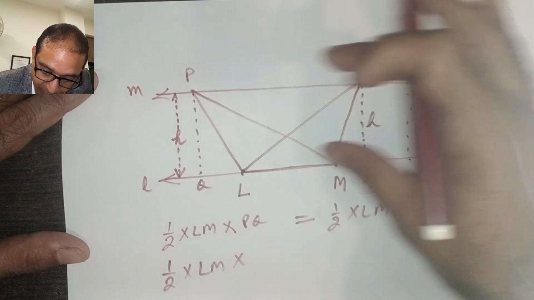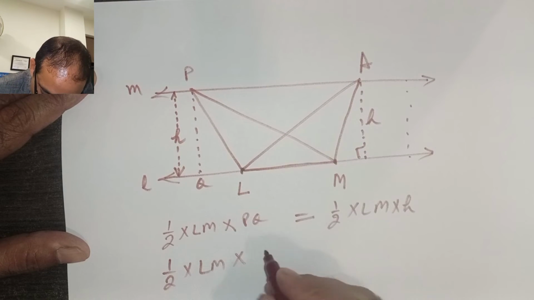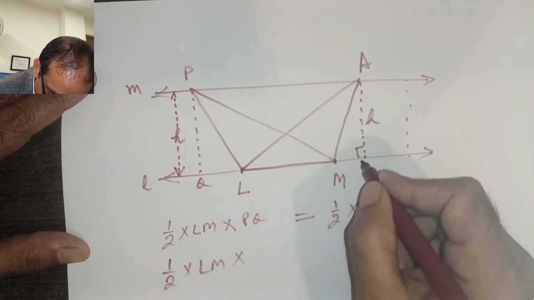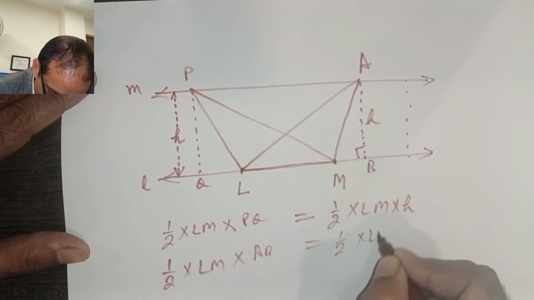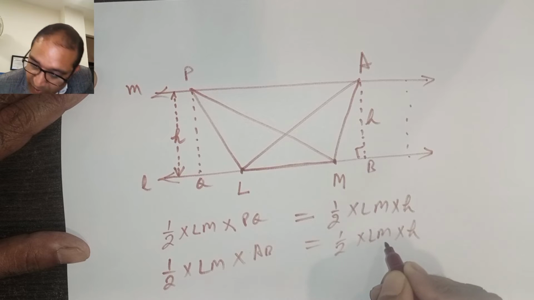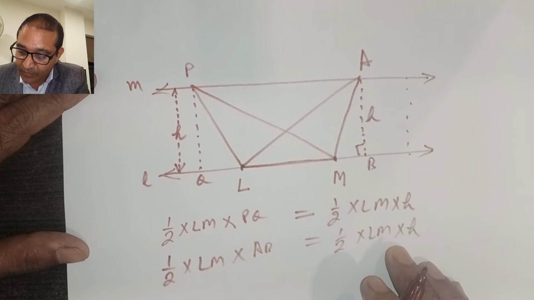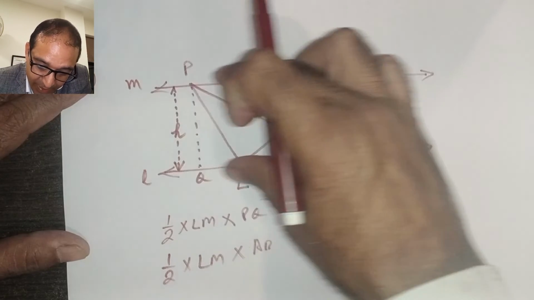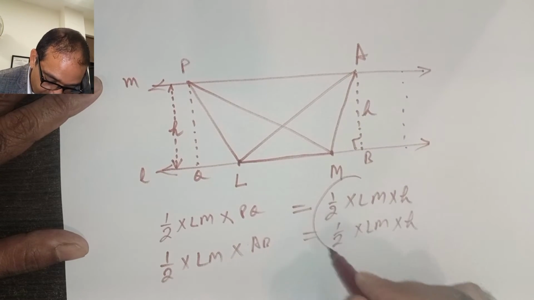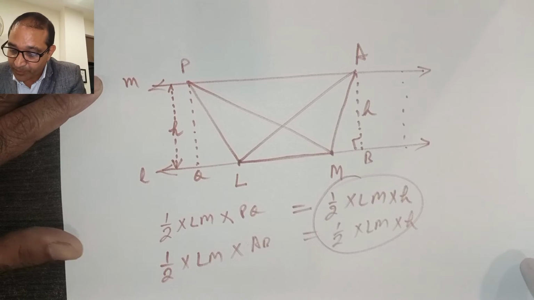This distance is H. So the area of this triangle is also half into LM into H. So we can take n number of triangles with the same base between same parallel lines. Areas will always be same.